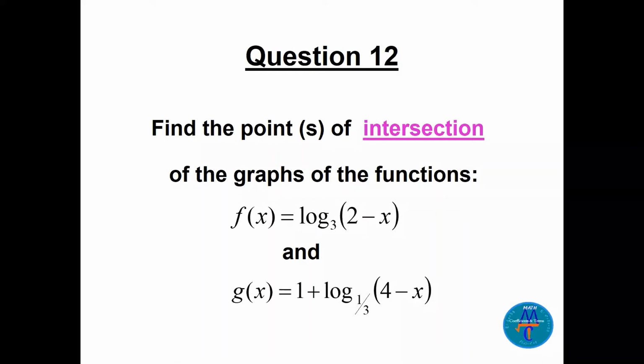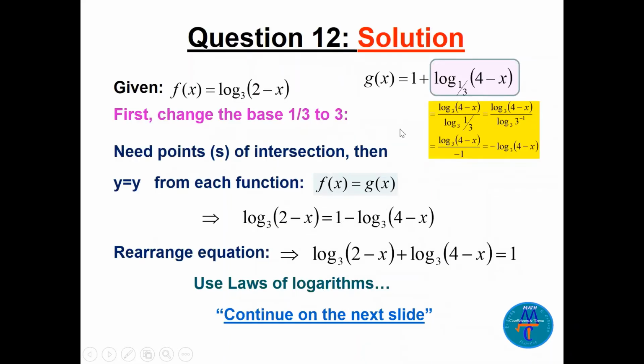Now, question number 12 says, find the point or points of intersection of the graphs of the functions f and g. Now, we notice here base 3 in the function f and here base 1 over 3. So it's a good idea that we change the base here from 1 over 3 to 3. I will show you now how to change the base on the function g.